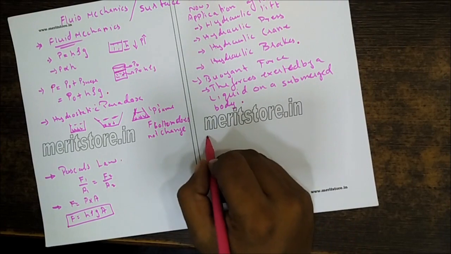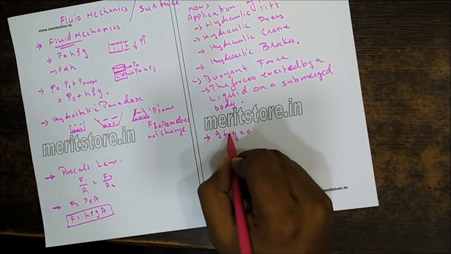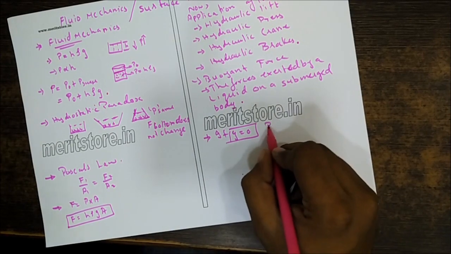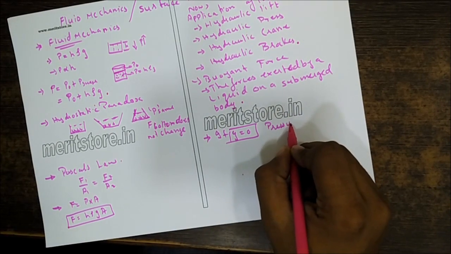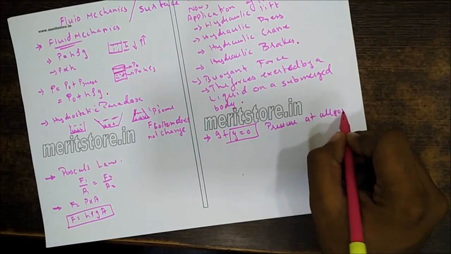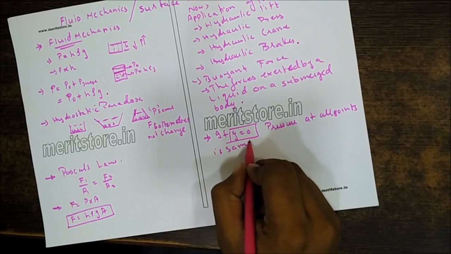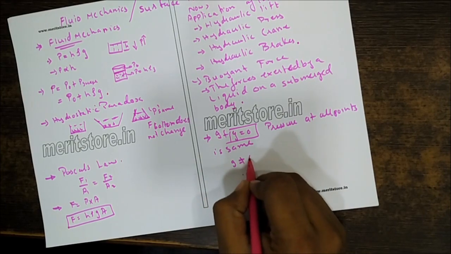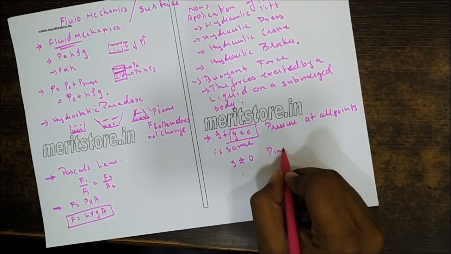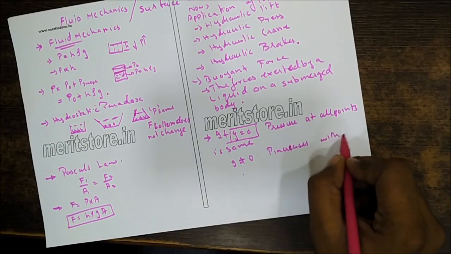Now, if g equals 0, pressure at all points is the same, and if g is not equal to 0, pressure increases with depth.